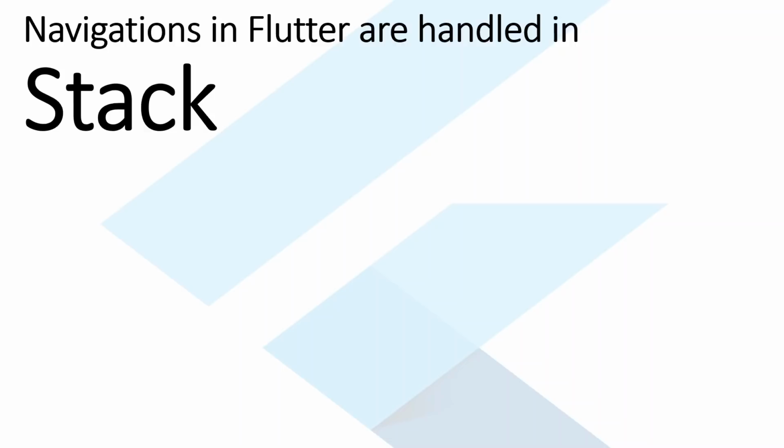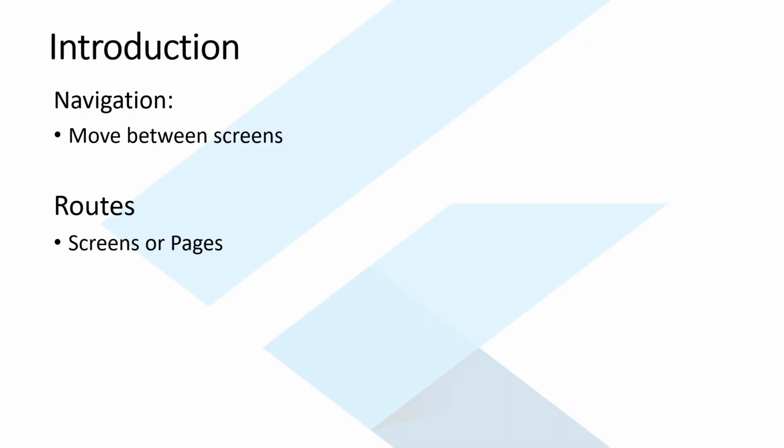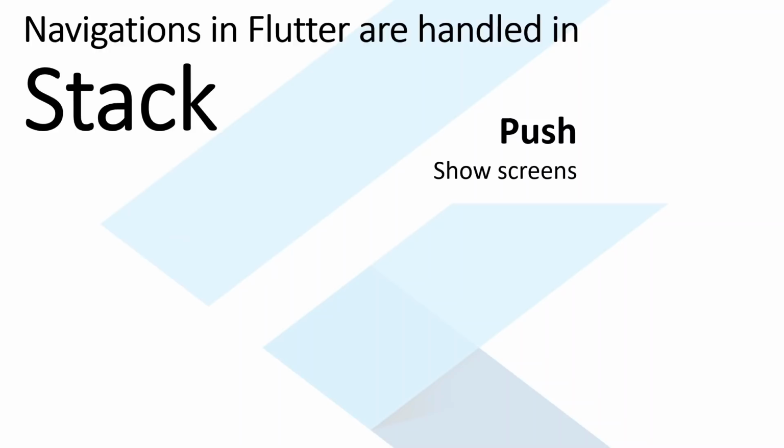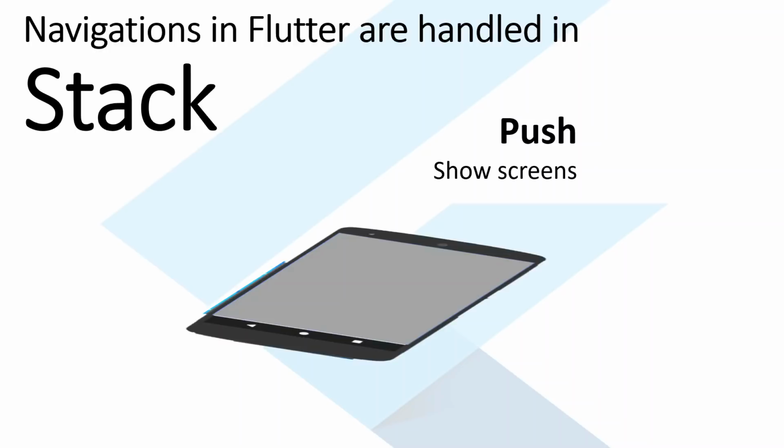navigation? Okay, the way Flutter manages navigation is basically by using this kind of data structure, a stack. Okay, so for example, when you start running your application, there is a blank screen.